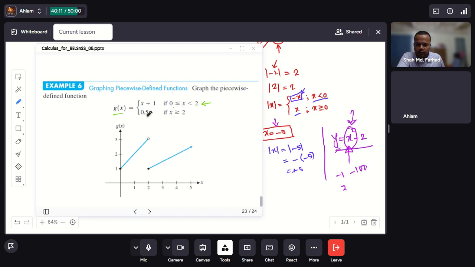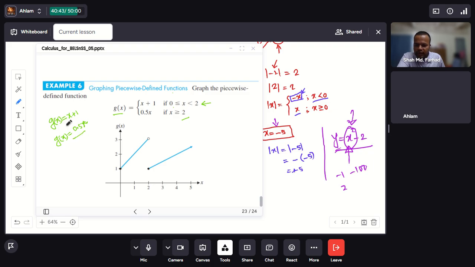And g of x equals 0.5x if the value of x is greater than 2. So we have two functions here basically: g of x equals x plus 1, and another one, g of x equals 0.5x.